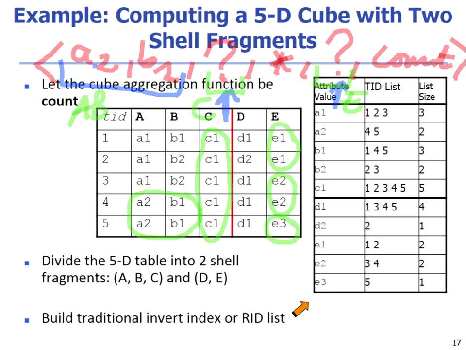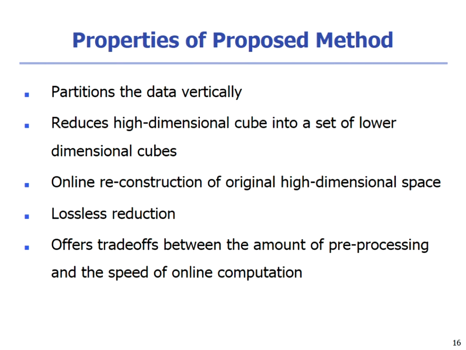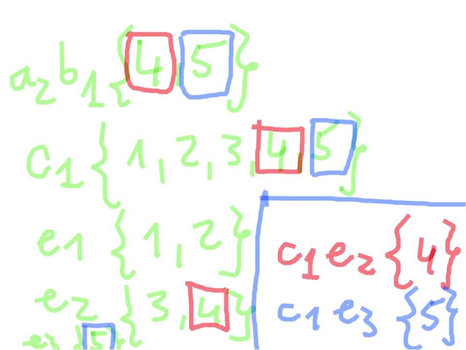A2, B1. So A2 and B1 are instantiated values, fixed. We cannot modify these values.